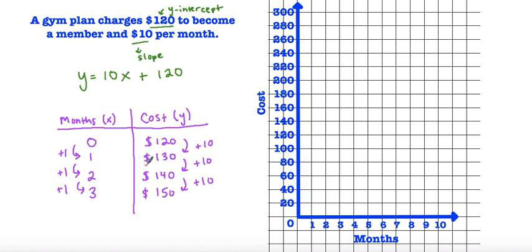Okay, so let's graph this. At 0 months, it costs $120. At 1 month, it costs $130, so somewhere over here. Then 2 months, $140, and so on.